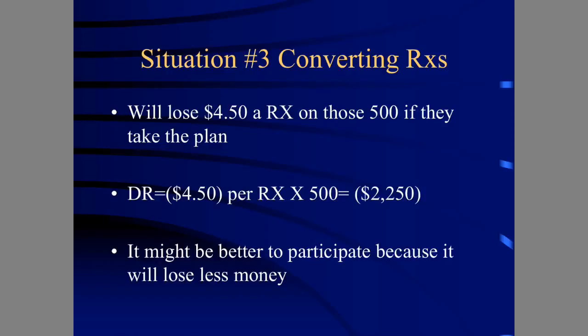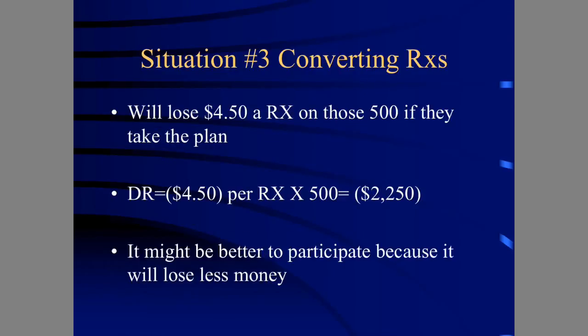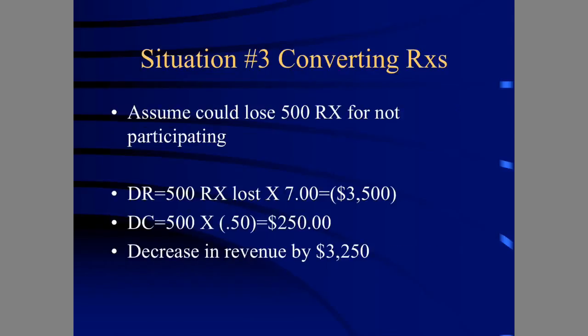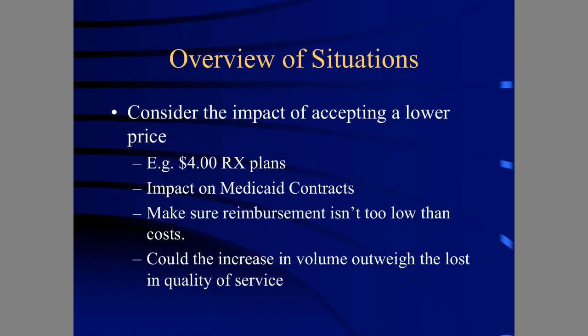So if you take a look, that means that even though I am decreasing my revenue by 3,250, I'm still making some profit, versus if I didn't participate, I would lose all that profit to begin with. I would lose 3,500, whereas at least I'm going to retain some of that profit. So I think that is a great example of looking at, do I participate in a preferred network or don't I?